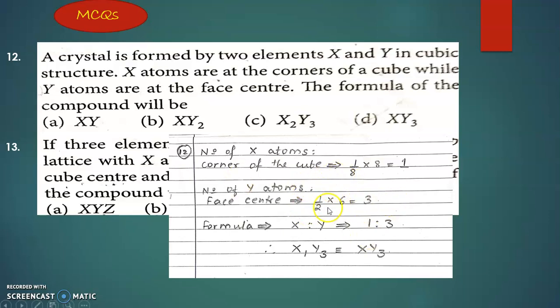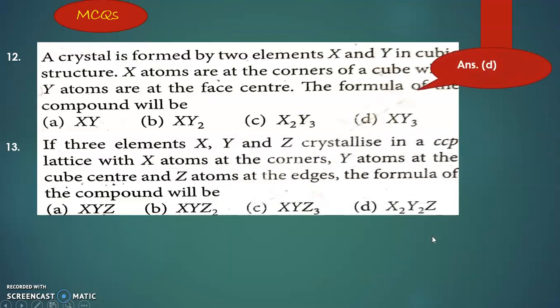So, x is 1 and y is 3. So the atomic ratio is 1:3. You have to take the simplest ratio while deriving the formula. The formula is xy3. The correct answer is D, xy3.